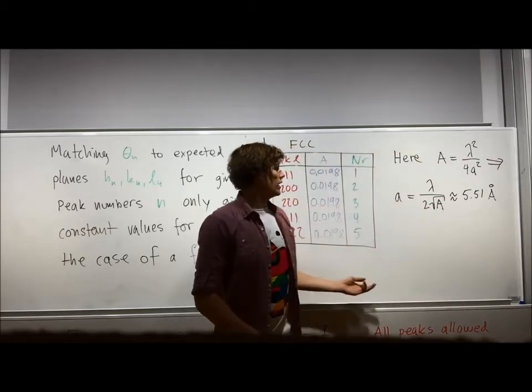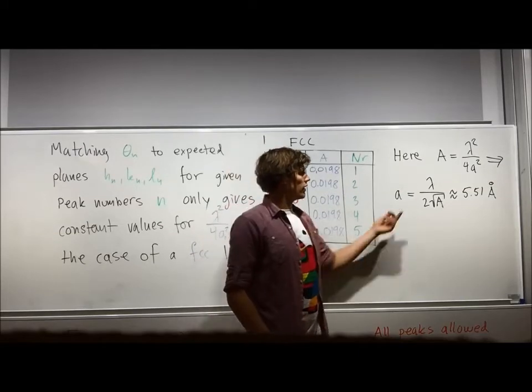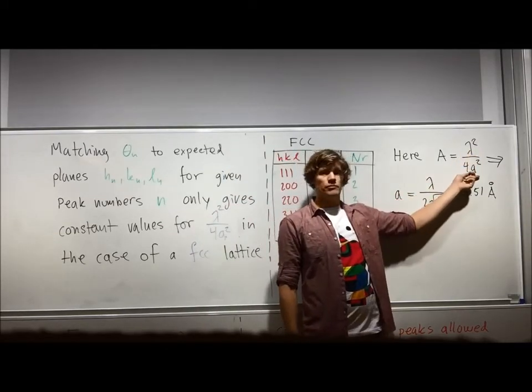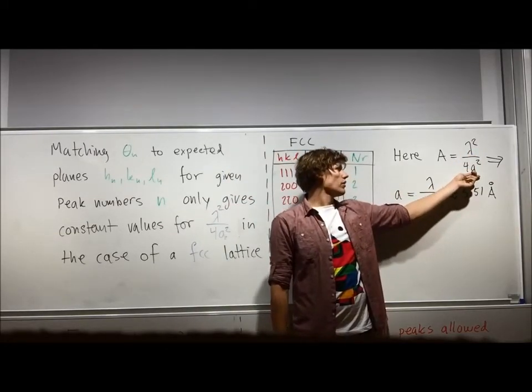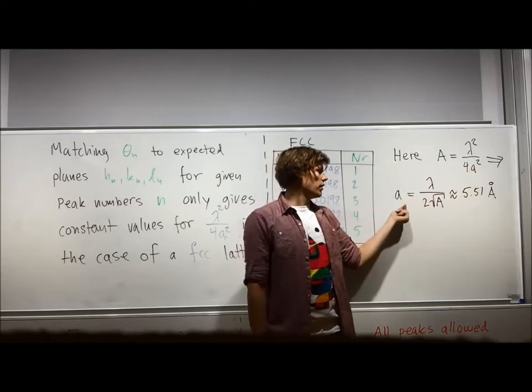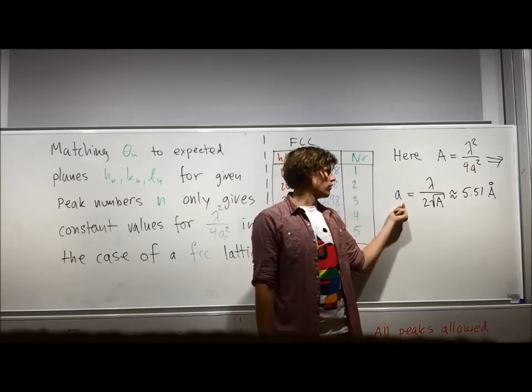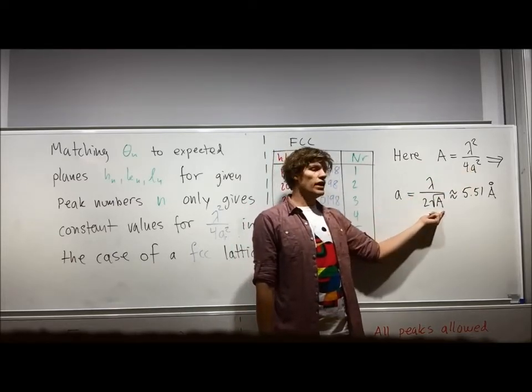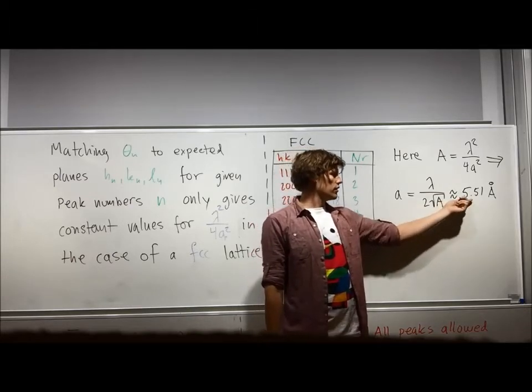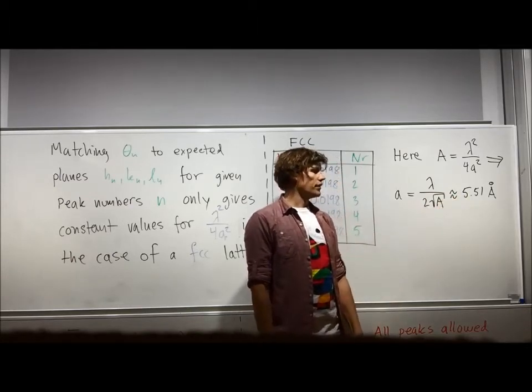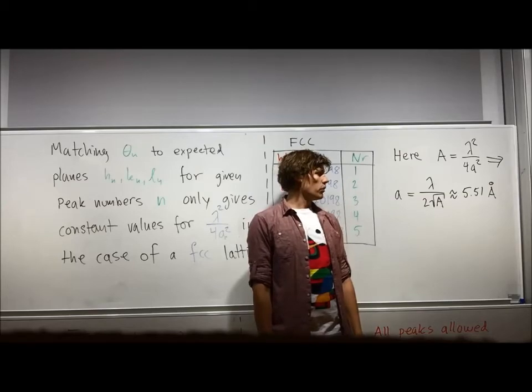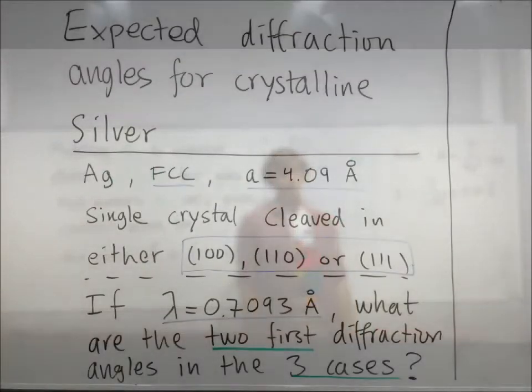And basically we use this relation here, that A is equal to this value, and then we calculate the lattice parameter by just solving for A in terms of the big A, and we get the solution that the lattice parameter is 5.51 angstroms.